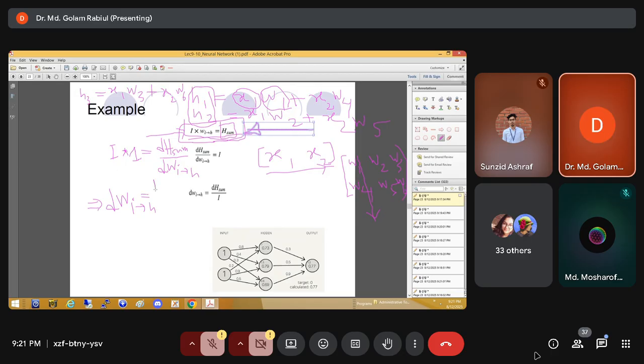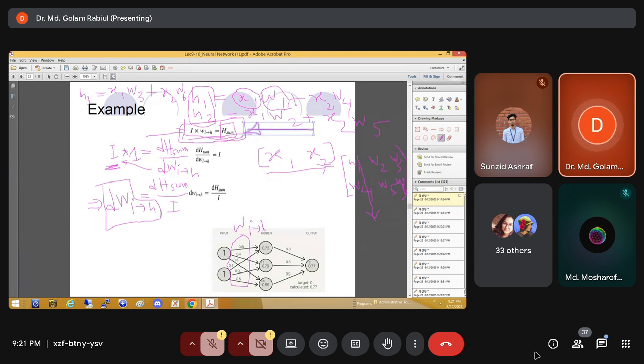It will be delta H sum divided by this I. That is, delta W input to hidden will be delta hidden sum divided by input, which is I. We are trying to find this delta WIH, the rate of change of W, where W is the input-to-hidden weights.